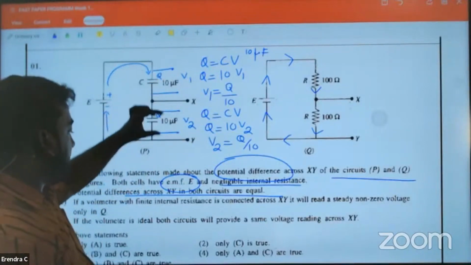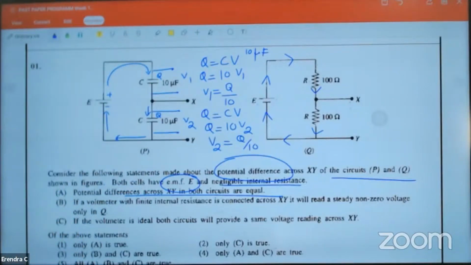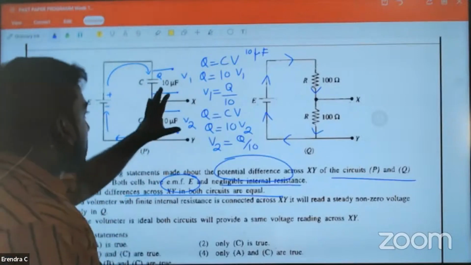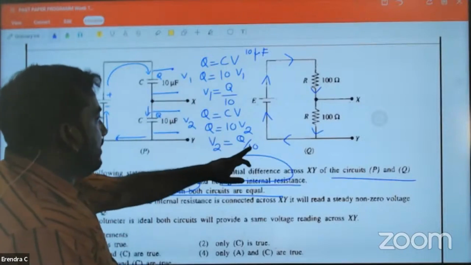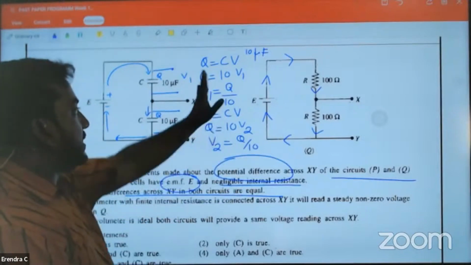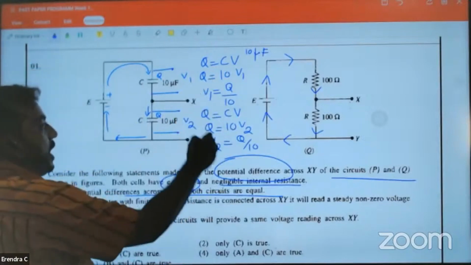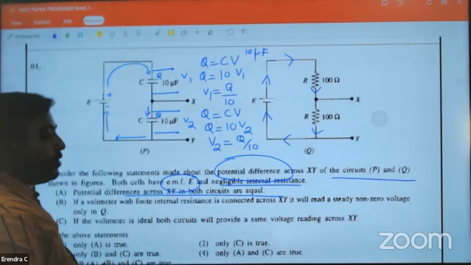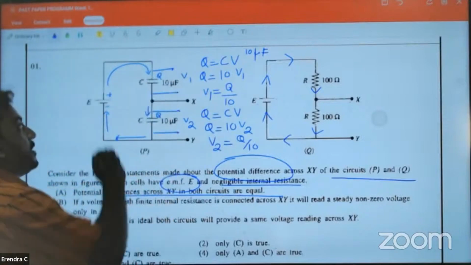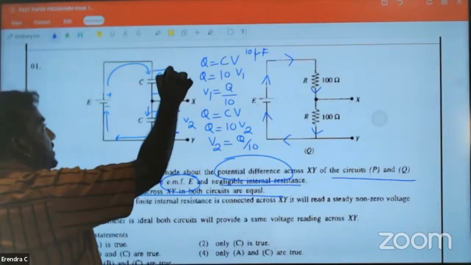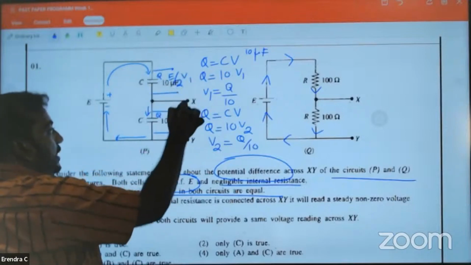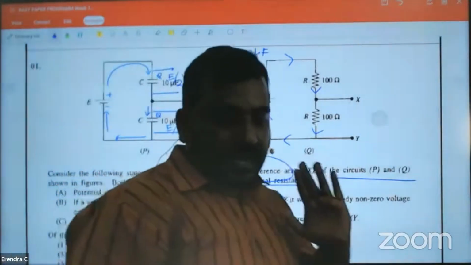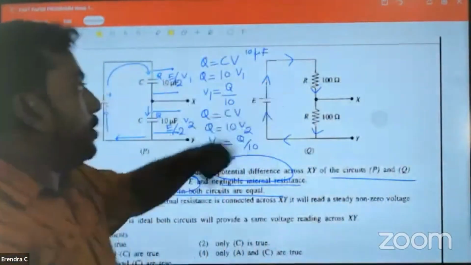Potential differences are equally divided. So potential difference across XY in both circuits are the same. This is exactly half, so here also the potential is going to be E divided by 2. Accepted? Okay.